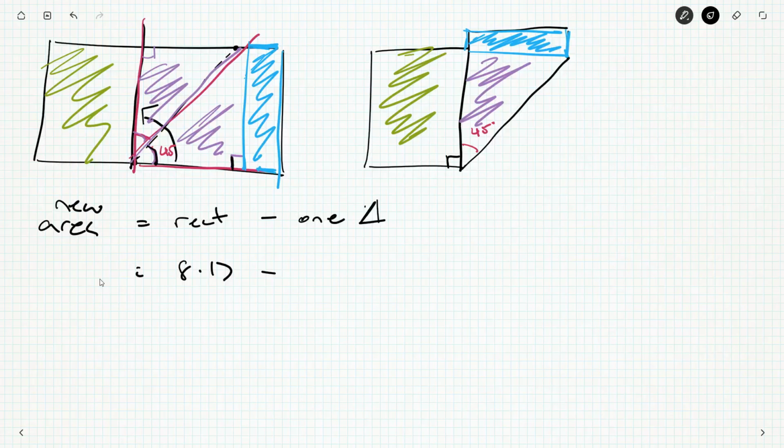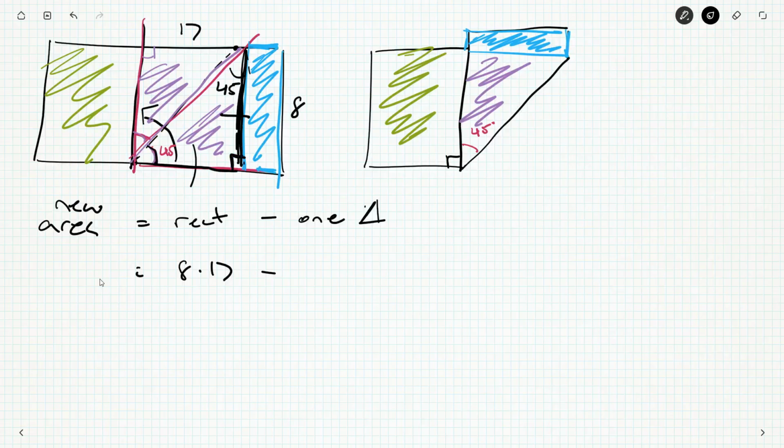Well, it's 45 degrees. We've got a right angle, as has been noted. So we're going to have a 45 up here. If I knew the base and the height, we'd be able to get area. Now, I just need to know one of those lengths because it's an isosceles triangle, and I know the height is going to be 8 because it's an 8 by 17 or a 17 by 8.